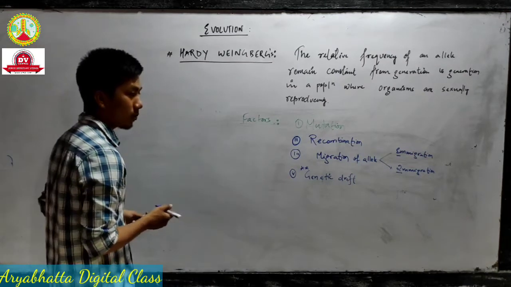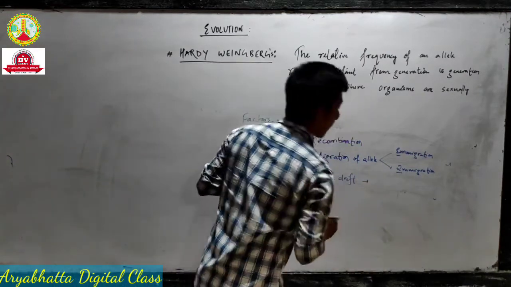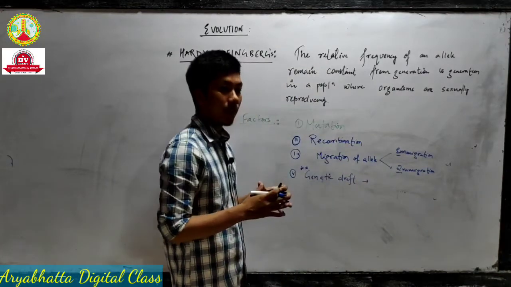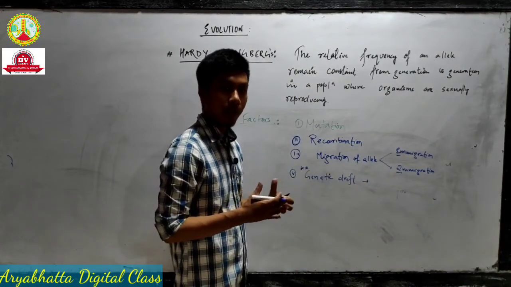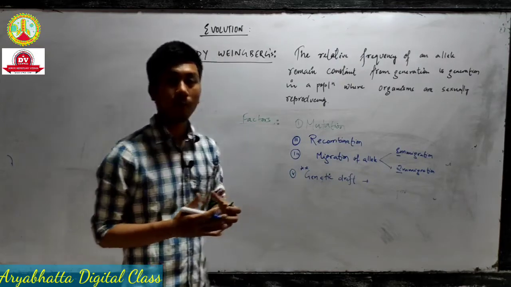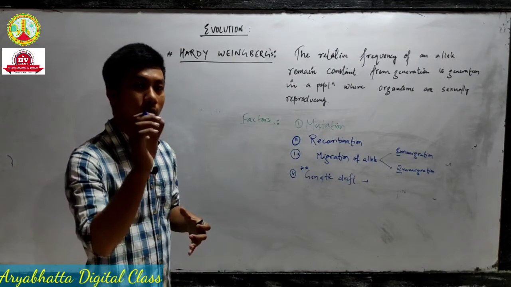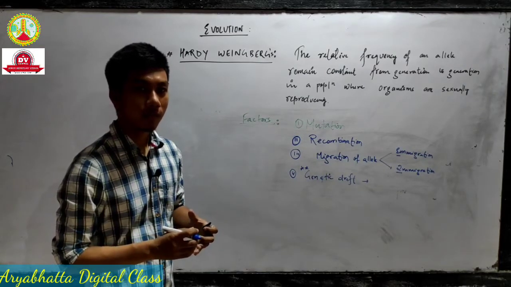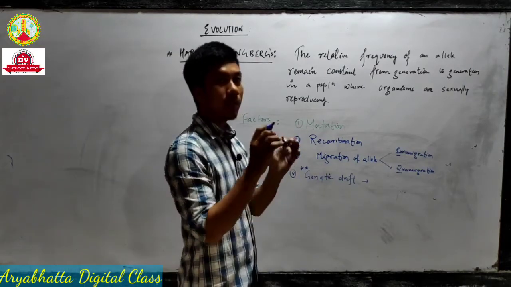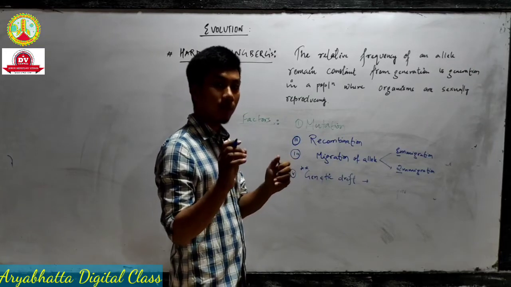We can explain genetic drift by taking an example of a bottle with a narrow neck which is filled with small pebbles. You know pebbles?